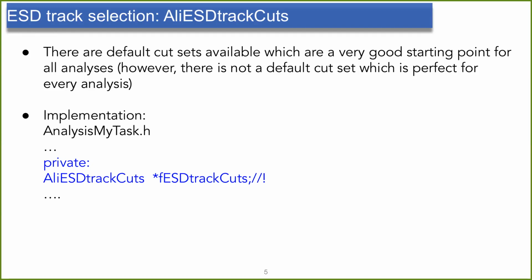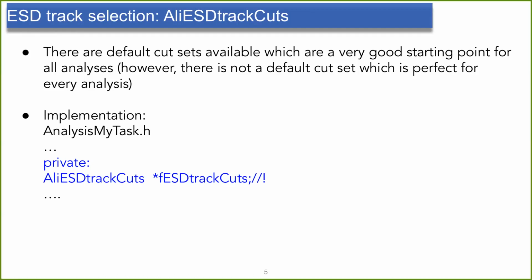Therefore we use different boundaries for DCAxy in these two cut sets. Between 2011 and 2015, the main difference is that in 2015 we use some additional geometrical cut. Throughout this lecture, I will concentrate on the 2011 cut, which we generally use in Run 2 data.